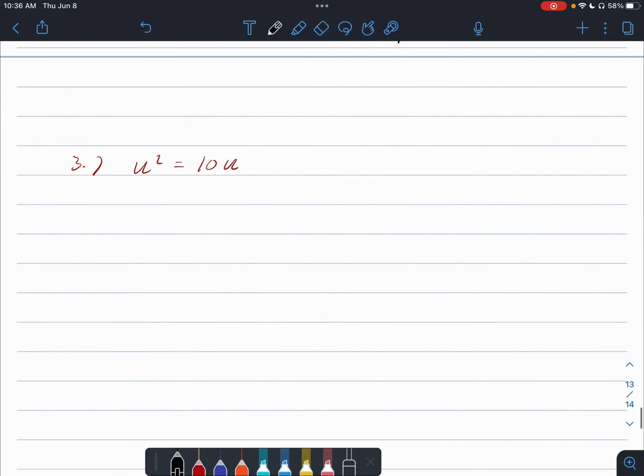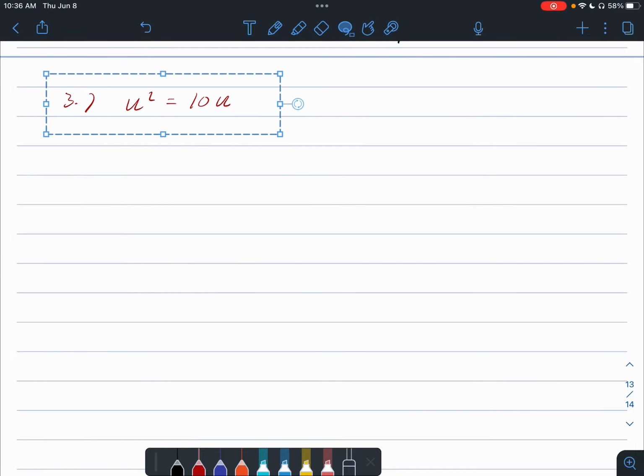Okay, so lastly here, sometimes you might have it written a little bit differently, where you have something like u squared is equal to 10u, okay? This is actually of the same form, it's just written a little bit differently. To see this, let's go ahead and subtract 10u from both sides.